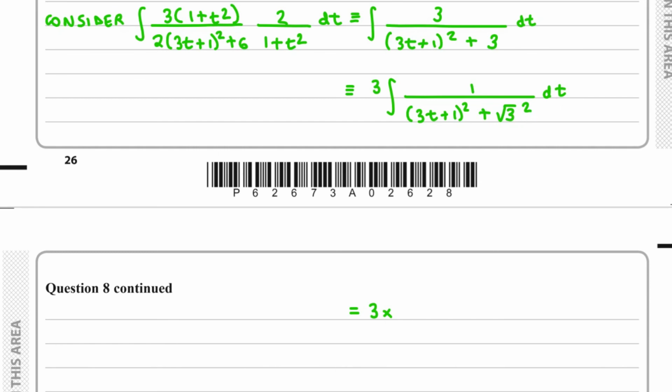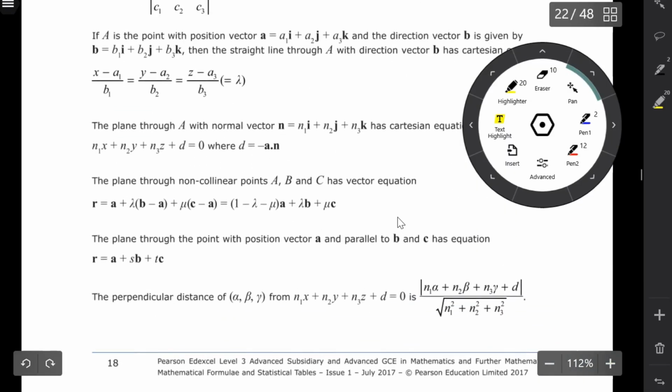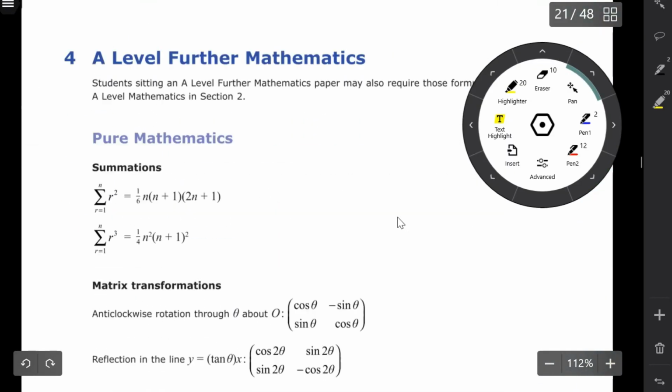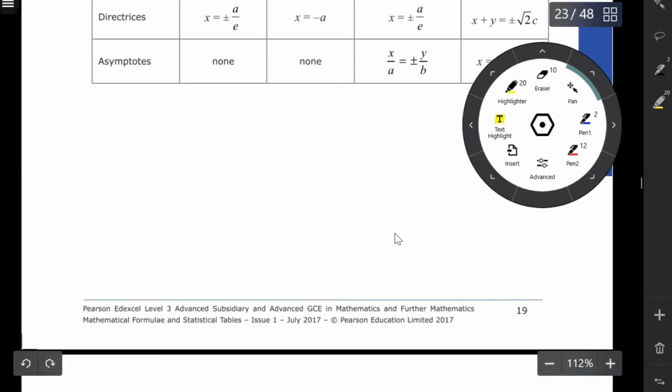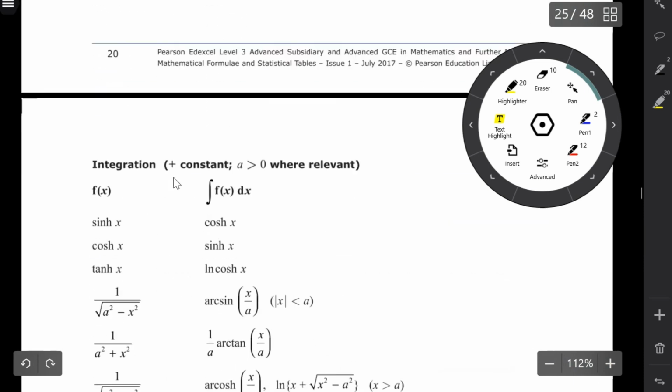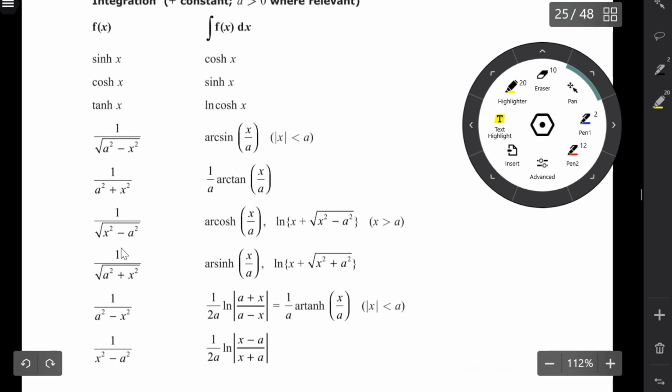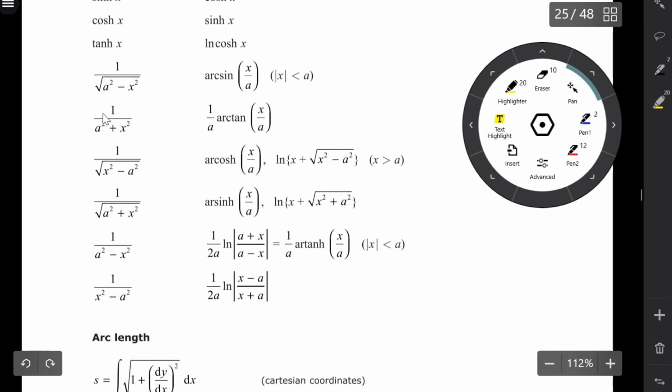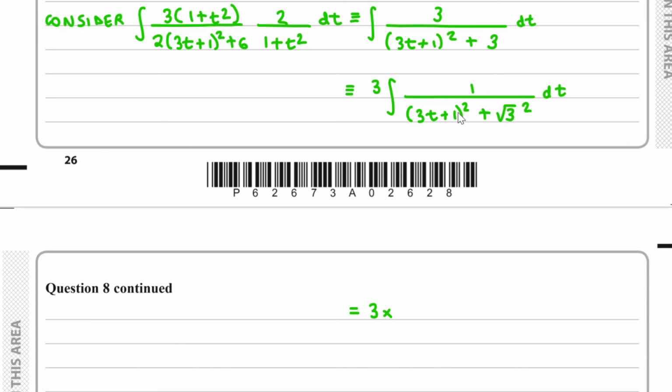If we go to the formula book, then under the integration section, we're integrating something of the form 1 over a squared plus x squared, and here a is equal to root 3. So therefore, the result of integrating this is 1 over a times by the arctangent of x upon a. But we don't have an x. Instead of us having an x, we have a 3t plus 1.